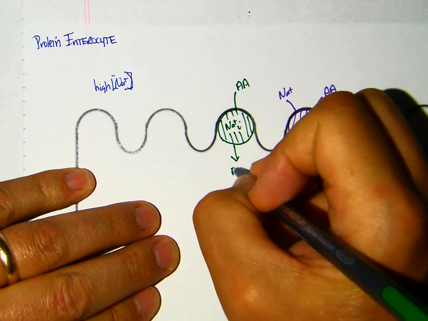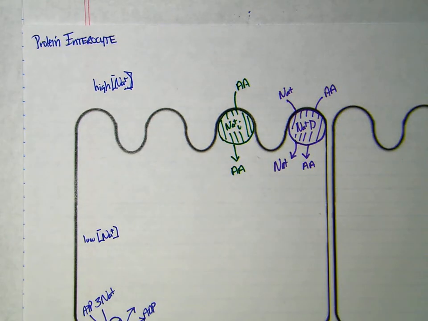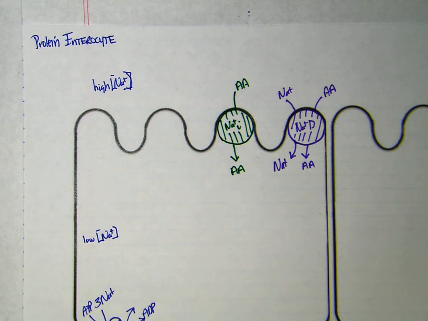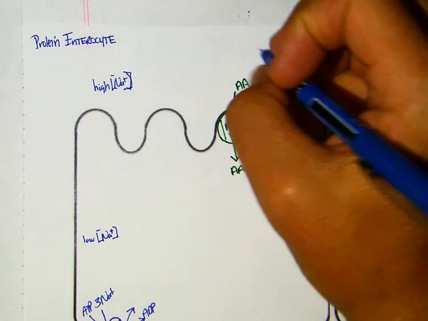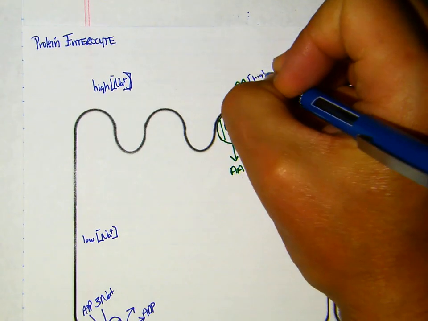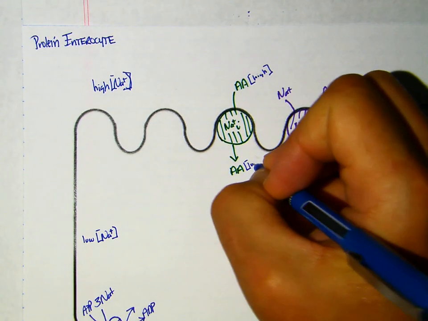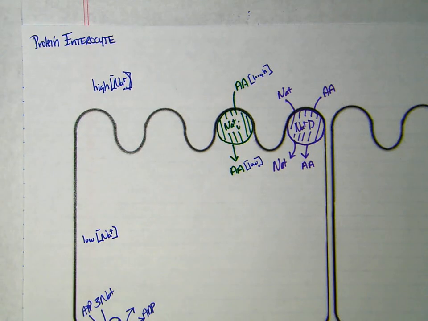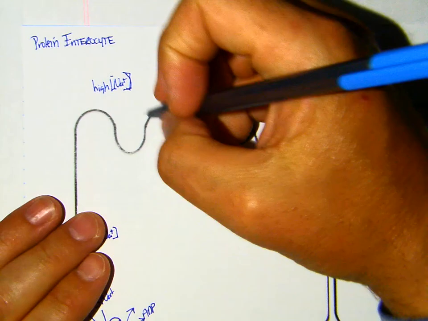And because of that, everybody should recognize that we have to go with the concentration gradient, whereas the sodium dependent one can go against the concentration gradient because the sodium is being transported with its concentration gradient. We can bring in amino acids against their concentration gradients. So maybe to keep track of this, we can write high and low to know that it has to go against or with its concentration gradient. Next we have pept 1.